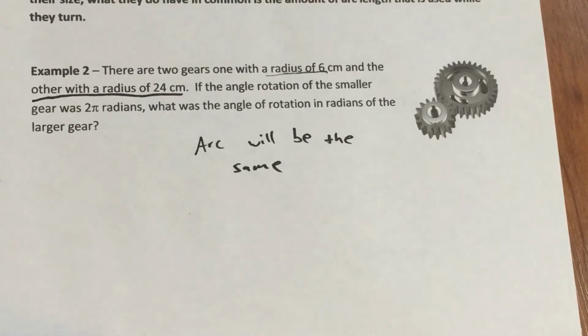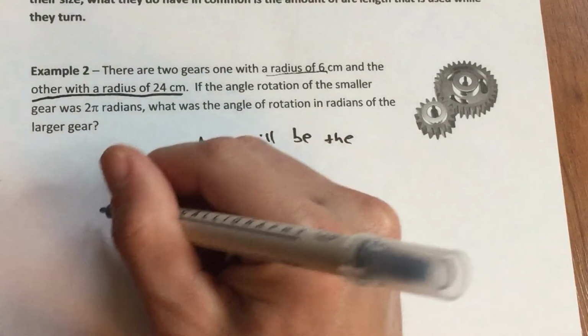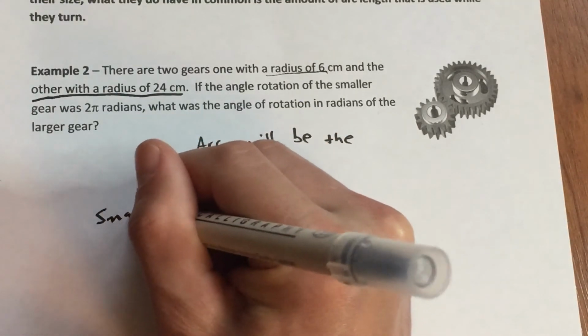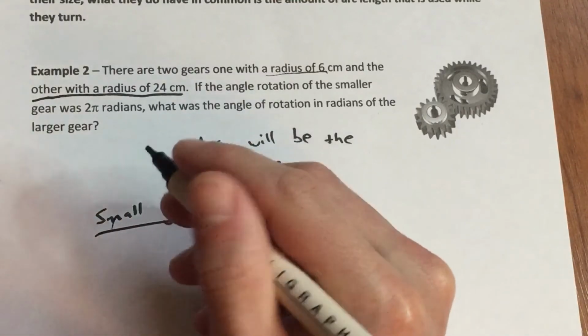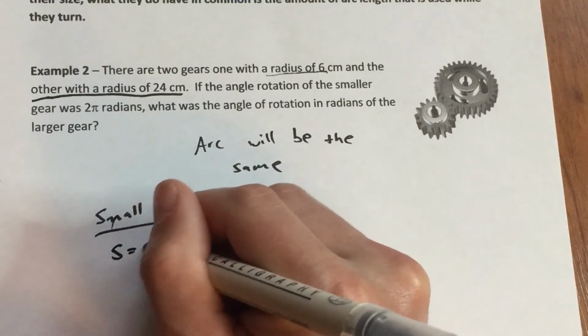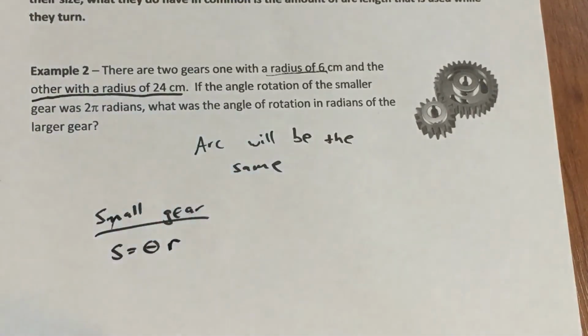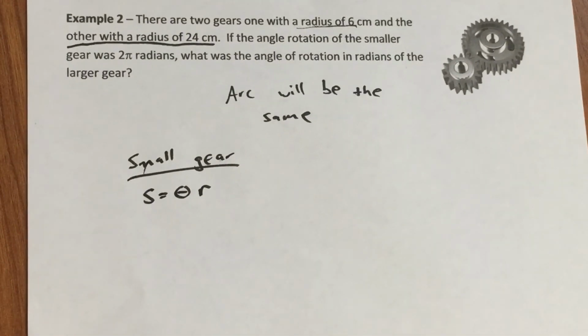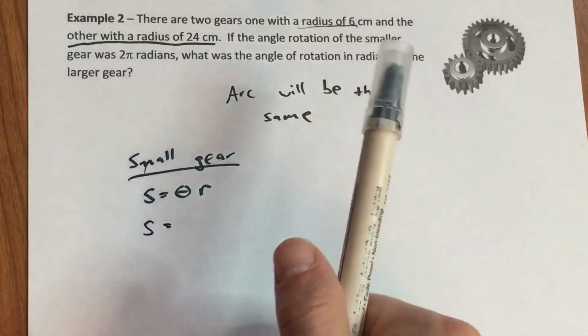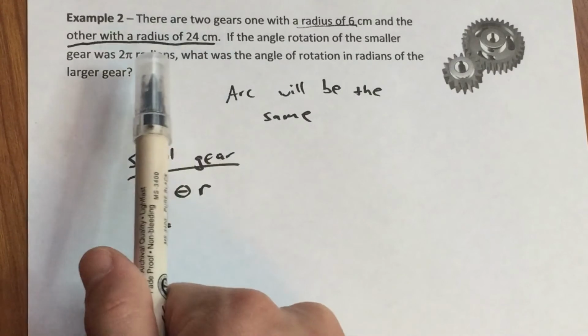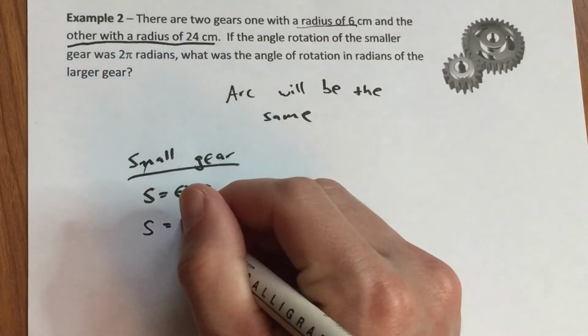So let's look at that small gear first. In the small gear, my arc length is equal to my angle times radius, same thing as before. We know what our angle of rotation is, 2 pi radians.